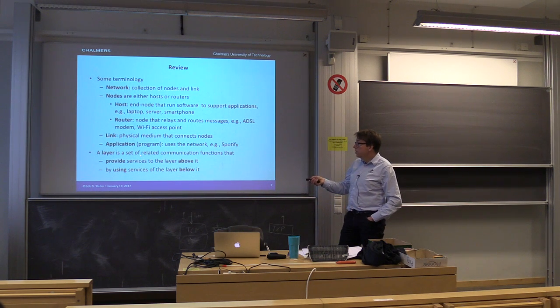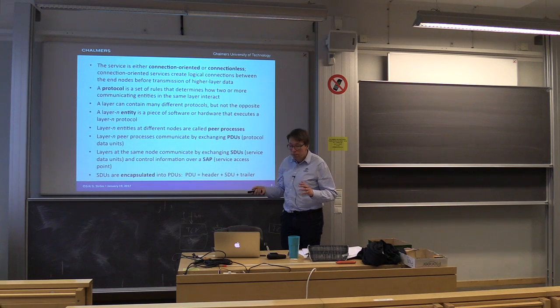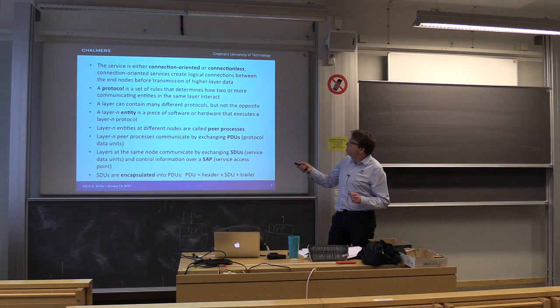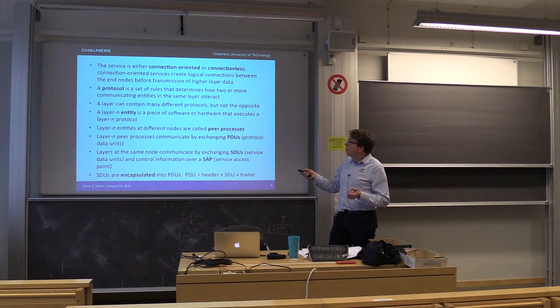A layer is a set of related communication functions that provide services to the layer above it, using services from the layer below it. A service is either connection-oriented or connectionless. Connection-oriented means that we create a logical connection between the endpoints before we start to transmit. A layer can consist of many protocols, but a protocol cannot span many layers.